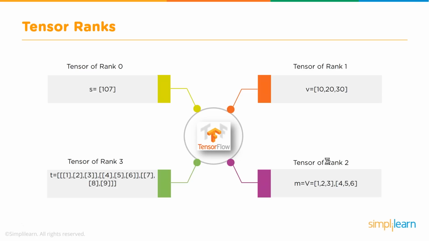Then you can have a two-dimensional array, typically like a matrix, and in that case we say the rank is 2. If it is a three-dimensional array, then the rank is 3, and so on. So it can have more than 3 as well. It is possible to store multi-dimensional arrays in the form of tensors.